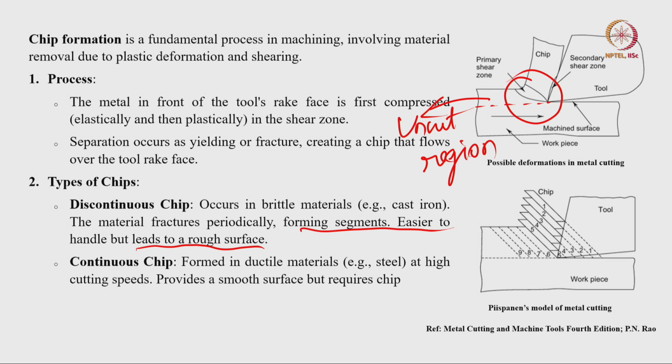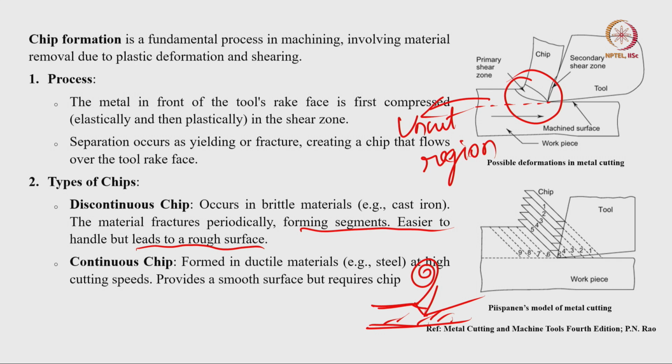Whereas continuous chip is intrinsic to ductile materials. In this case, if I draw a typical example, this is your cutting tool, this is the uncut region and this is the workpiece, and the chip generated can get coiled up. That is another trouble it can cause.